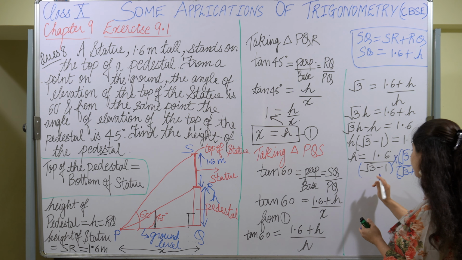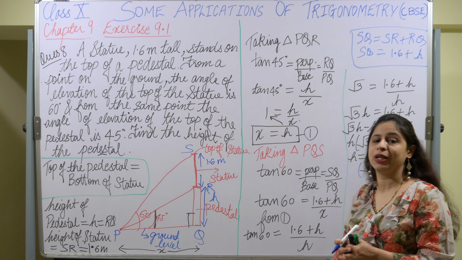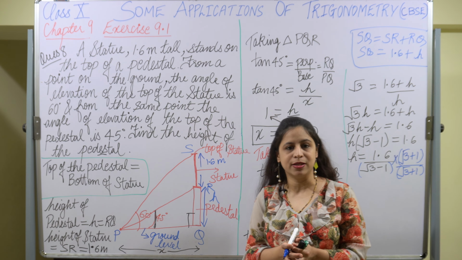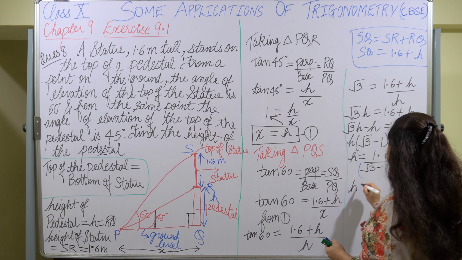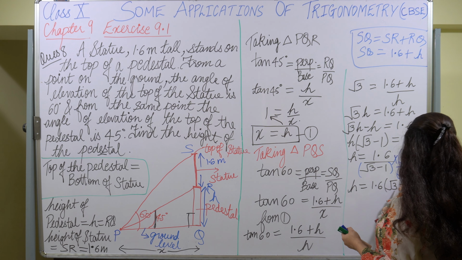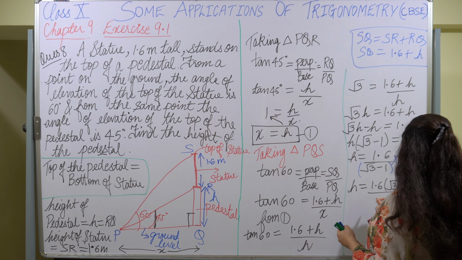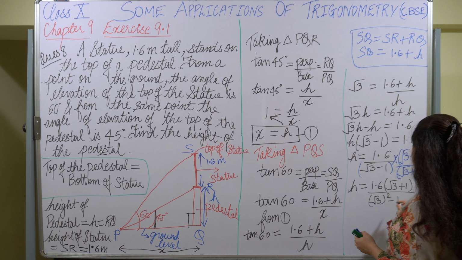Here the formula a plus b and a minus b gives a square minus b square. So h will be equal to 1.6 times root 3 plus 1 upon root 3 whole square minus 1 square.